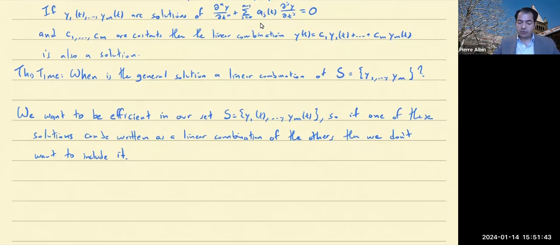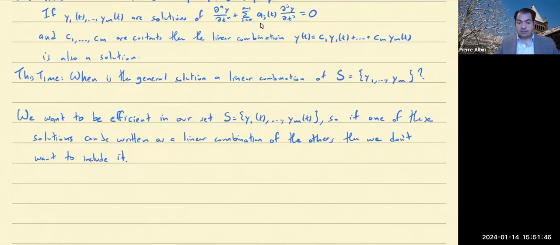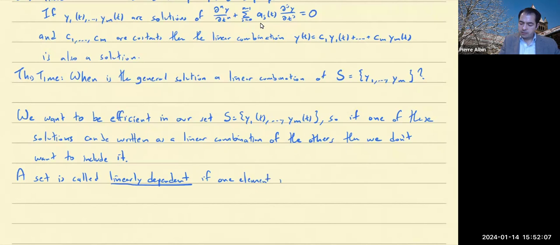It doesn't give us any more solutions than we would have without it. A set is called linearly dependent if one element is a linear combination of the others.